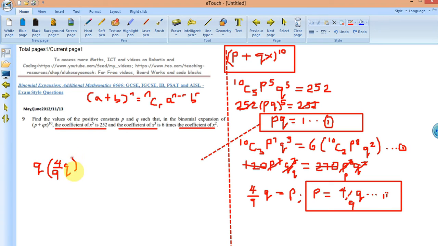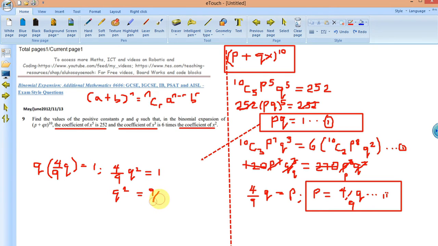That is from equation 1. So from here we have 4 over 9 q squared equals 1. So q squared will give you 9 over 4, that is the inverse of 4 over 9.